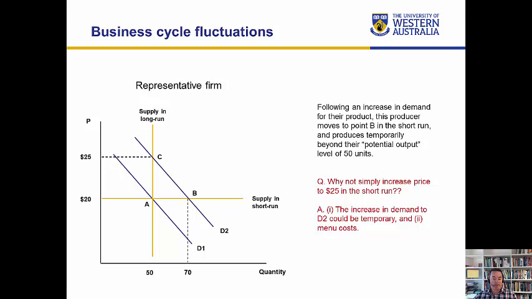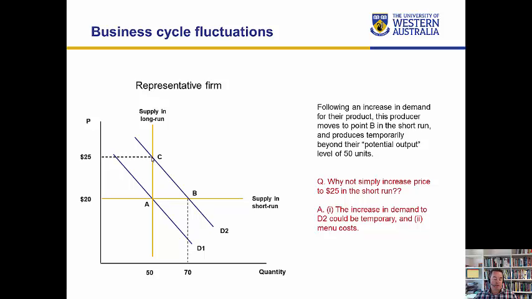So as my costs rise, I'd almost be forced to raise price to 25 to try to get back to my nice comfortable output level of 50. So this really is, I hope you can appreciate, how a lot of businesses operate. In the short term, they don't want to mess with prices, and they simply change their production to match demand. However, over the longer term, then they start thinking about changing prices.